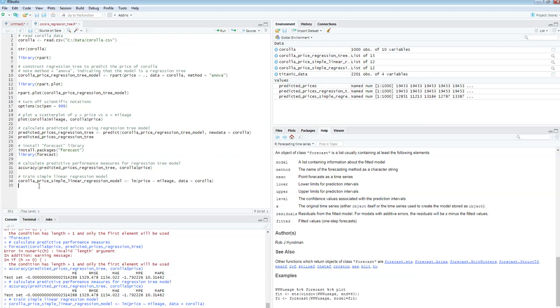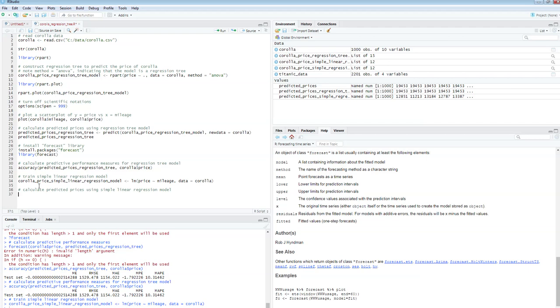Okay, so now I can use the model in order to predict prices based on just the mileage and nothing else. Here I'm going to put the comment saying calculate predicted prices using simple linear regression model, just like that.